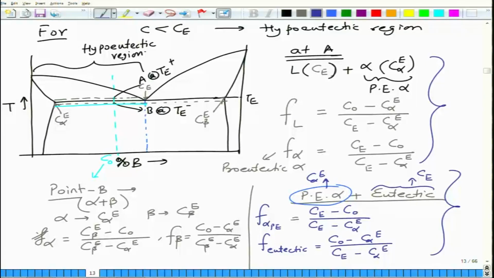So now you can also calculate from this. This is the amount of pro-eutectic alpha, this is the amount of eutectic. You can calculate the amount of alpha in the eutectic.